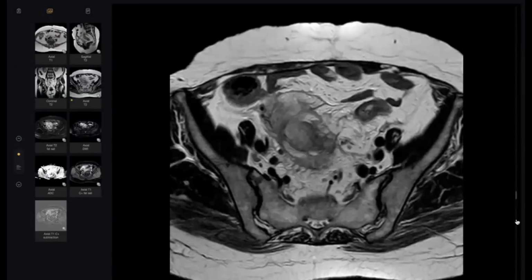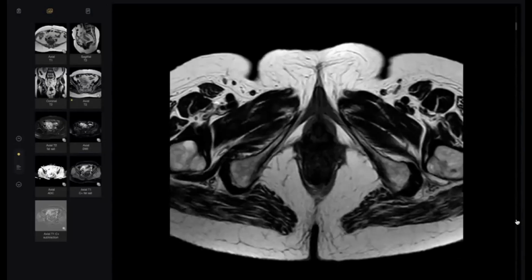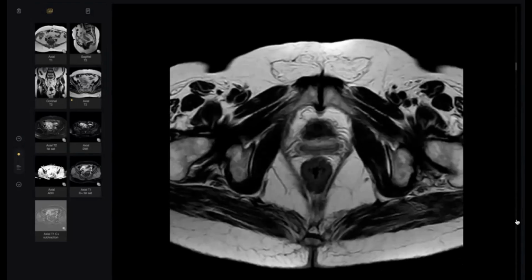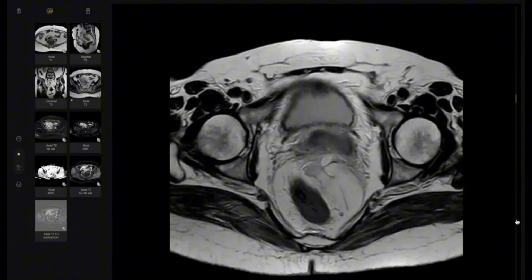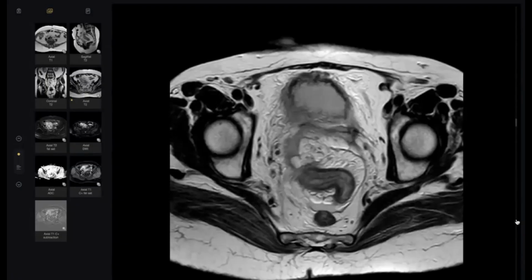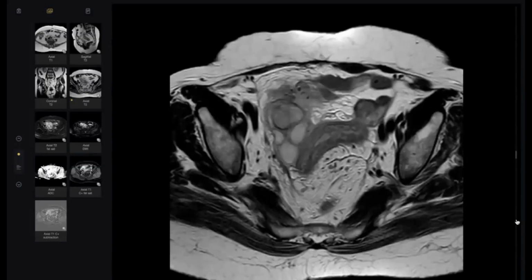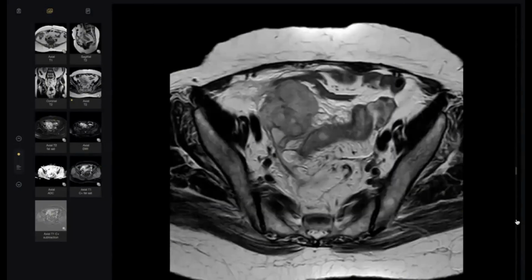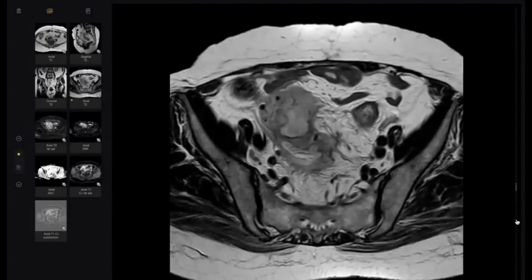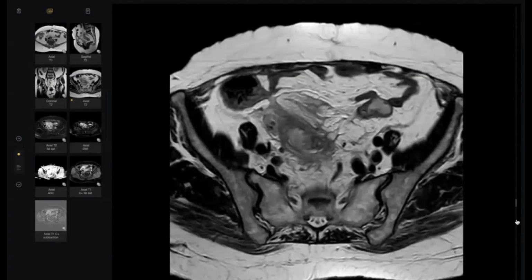So this is a T1 weighted image. Are you sure? Let me see the spine, then I'll orient myself. I'm scrolling from the bottom towards the top, and I can see that this is a T2 weighted image because the bladder is of high signal intensity. I can see some thickening in the wall of the sigmoid colon.